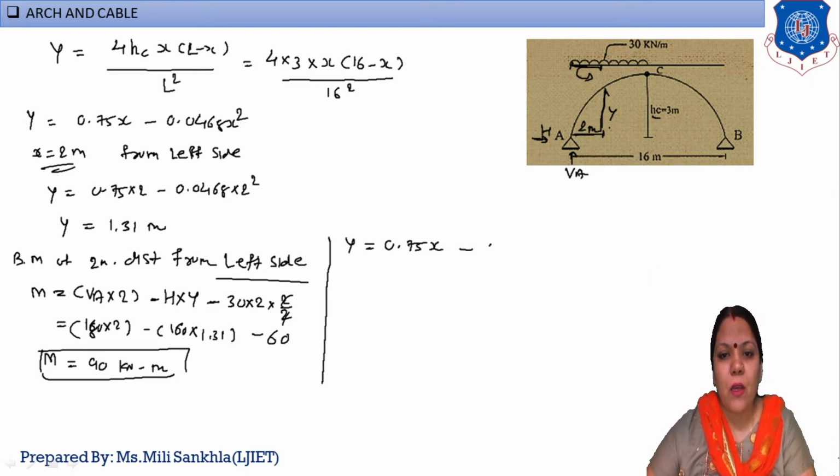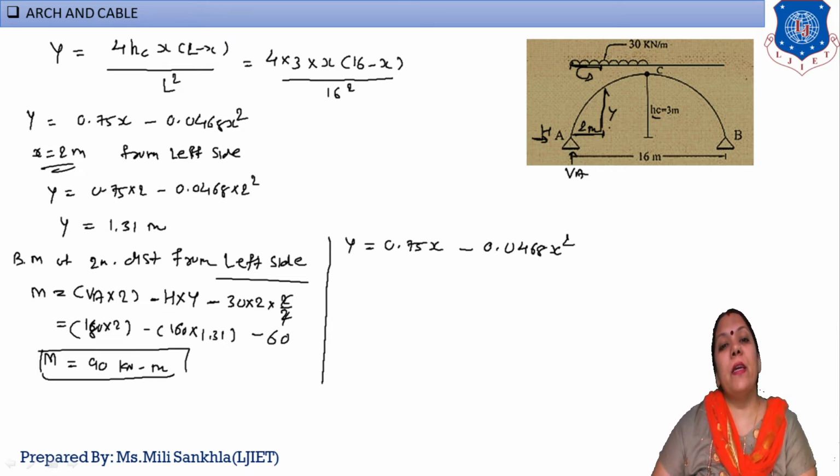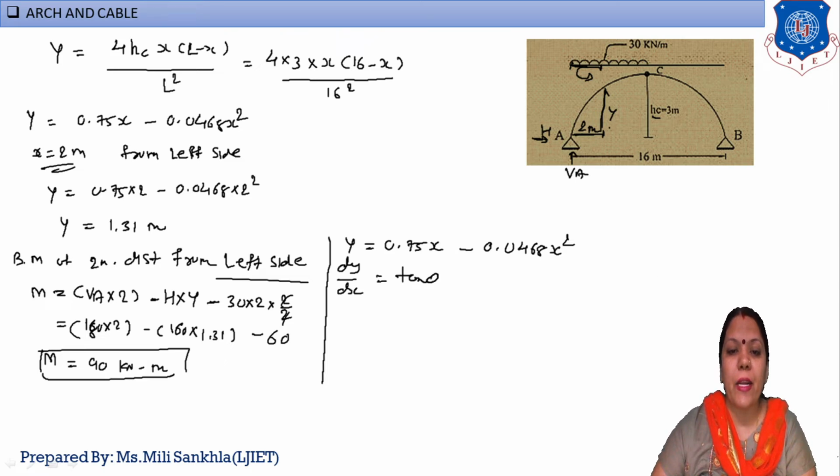0.75x minus 0.0468x square. Now for radial shear and normal thrust we find the value of theta. So if we differentiate with respect to dx, that is our tan theta.